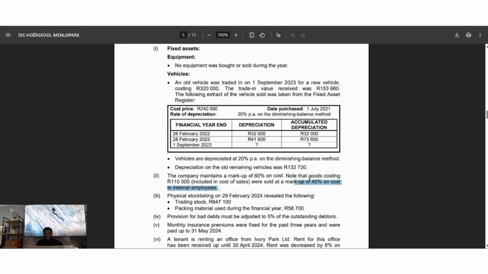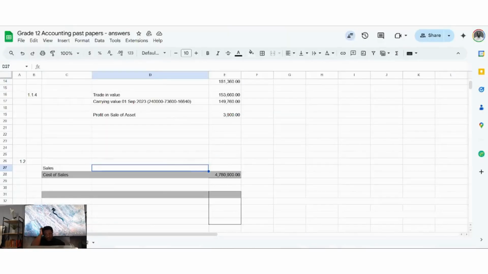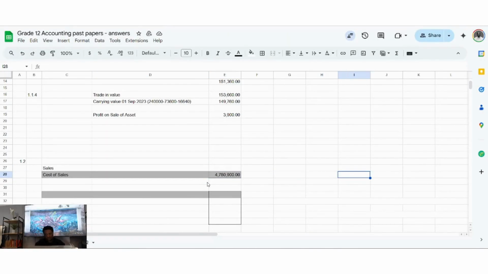We have to separate our cost of sales into two, the ones marked up at 60% and the ones marked up at 40%. As you can see, we have cost of sales of 417,900 already given, and we know the internal ones are 115,000. I must make this a number.